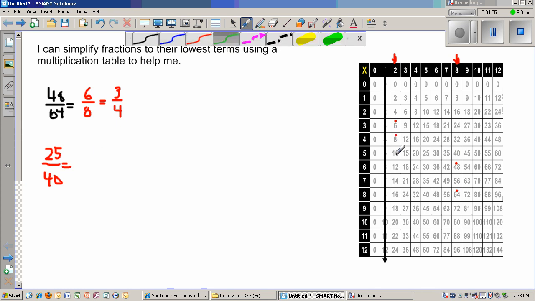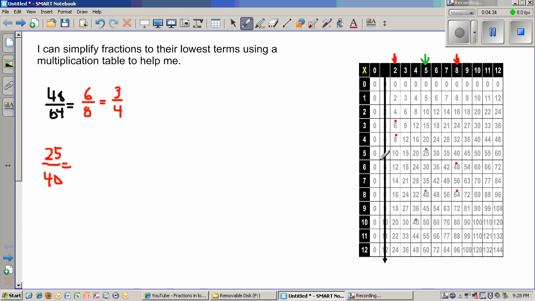And let's see if we can find a 25 and a 40 in our columns. Oh, there's a 40. Was there a 25? I don't see a 25. So let's go. There's a 40 right there. And look, there's a 25 right here. So what we're saying is that 5 is a common multiple of both 25 and 40.